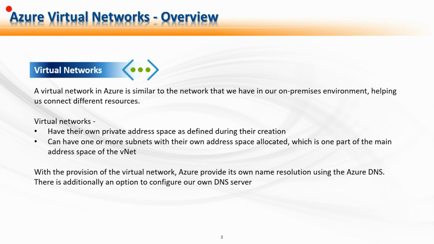With the provision of the virtual network, Azure provides its own name resolution using the Azure DNS. There is additionally an option to configure your own DNS server if you own a domain name, if you already have a domain that you have registered through a registrar like Contoso.com.